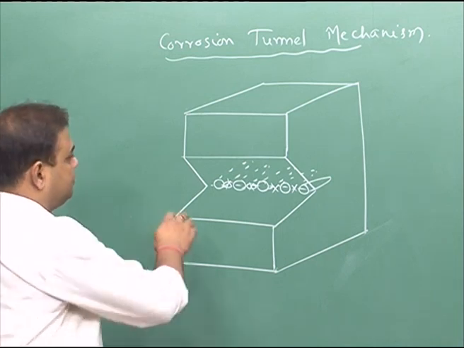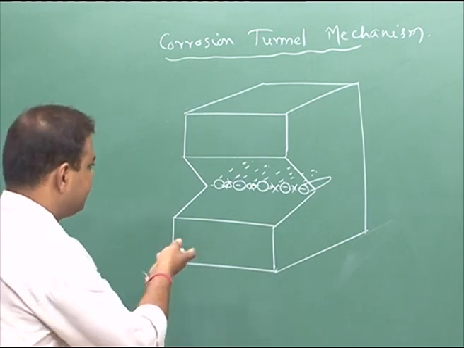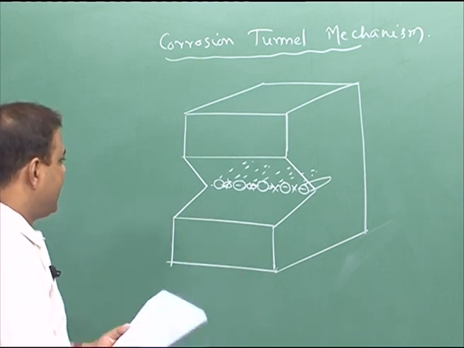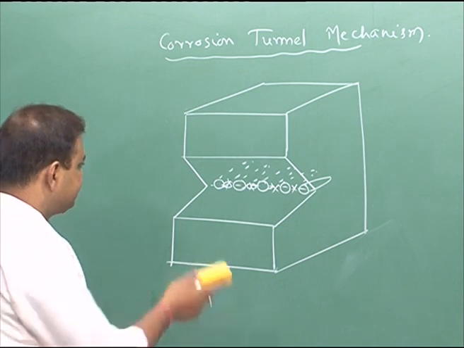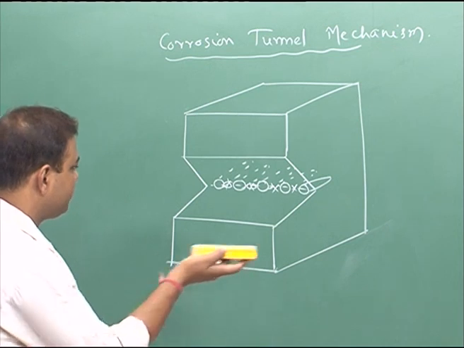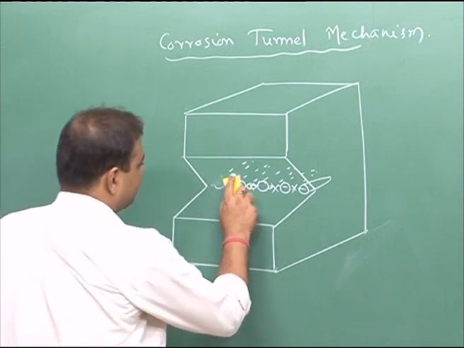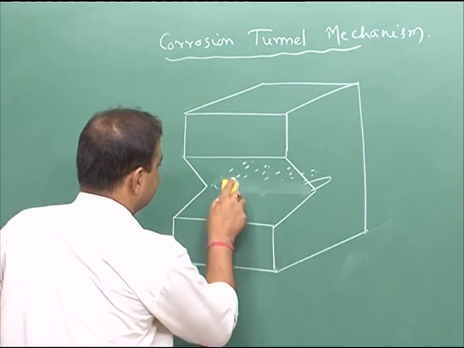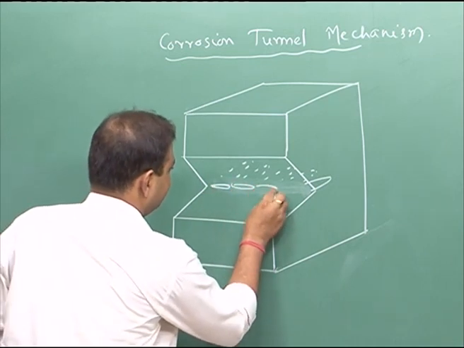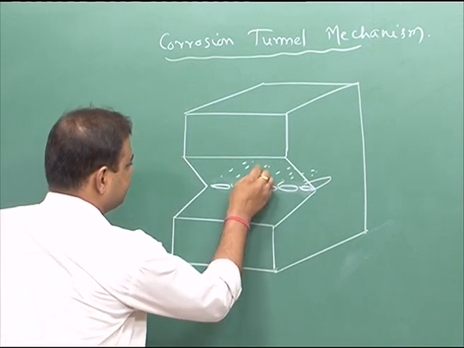In order to explain the matching surfaces, which is the result of SCC, this model has been modified, and the modification says that the same micro voids, the tunnels, form on the zone of slip steps, then those microvoids, instead of growing laterally uniformly, form slots, and those slots are growing inside the material.